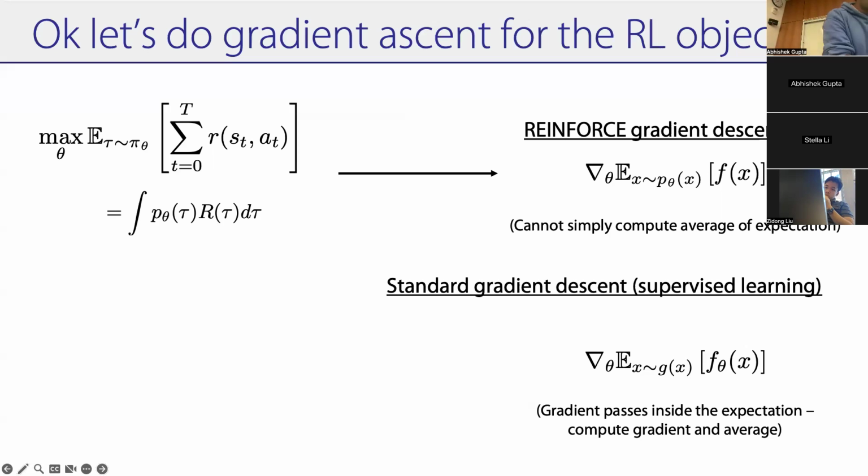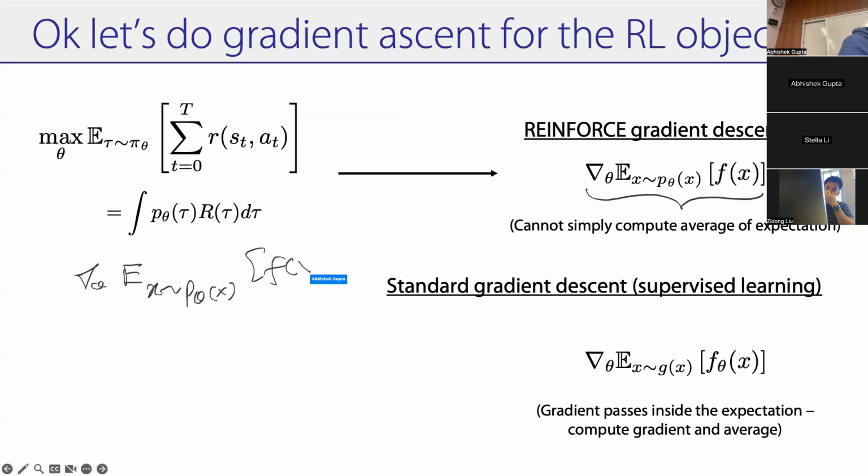Okay, so why is this problematic, right? So let's kind of whiteboard this out. If I think about this, let's look at this objective right here. If I look at the gradient of the expectation, x sampled from p theta of x, of f of x, I can write this as the integral of p theta x f of x dx, with the gradient with respect to theta.